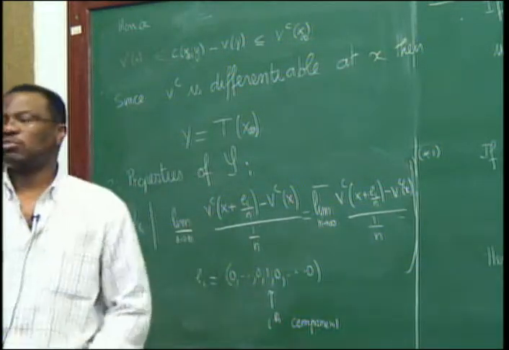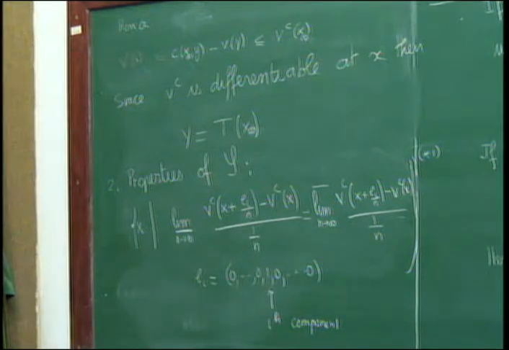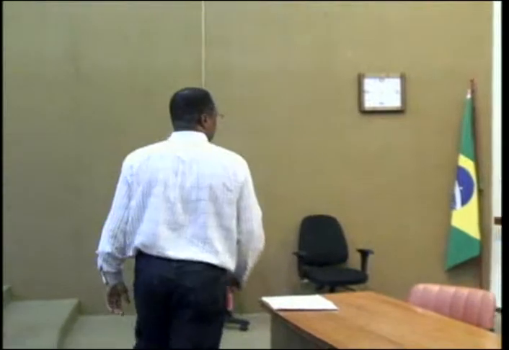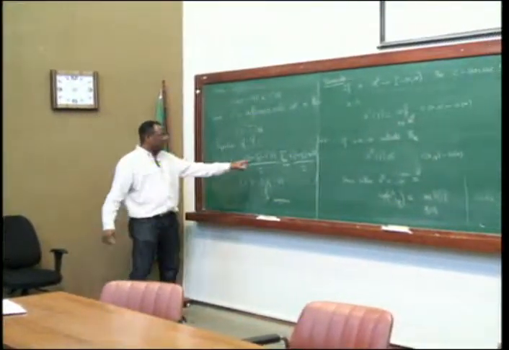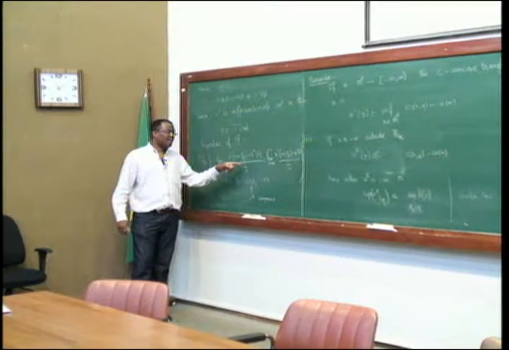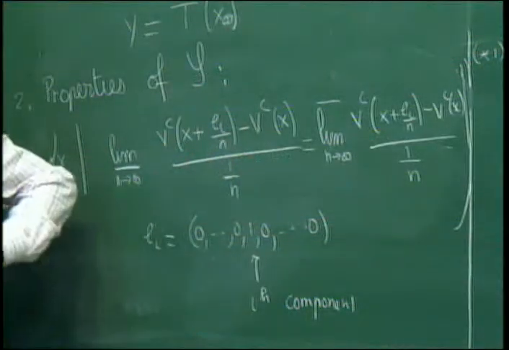Okay. So the partial derivative is the limit. The partial derivative of v with respect to x_i is the limit when h goes to 0 of v of x plus h e_i minus v of x, divided by h. So I'm taking h equal to 1 over n. This limit exists if and only if the lim inf is equal to the lim sup.